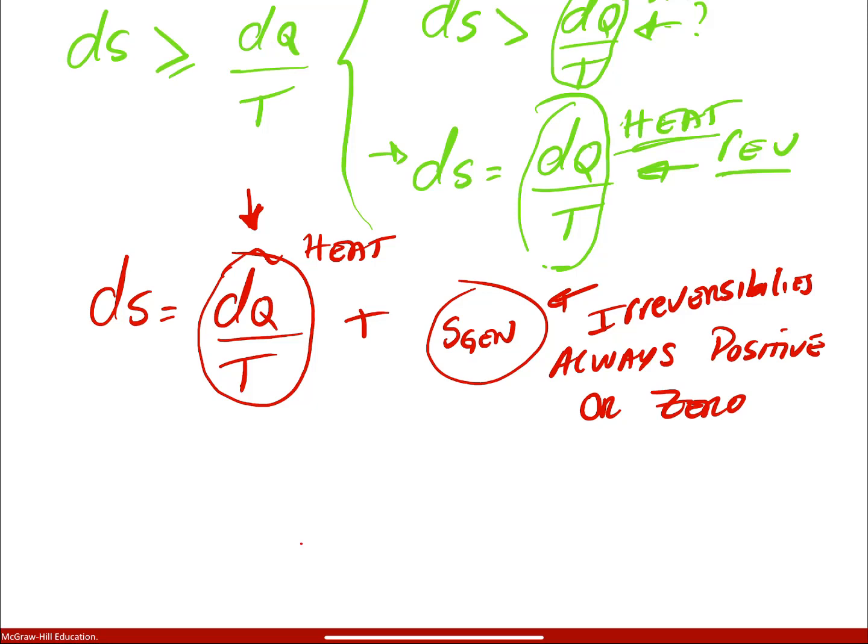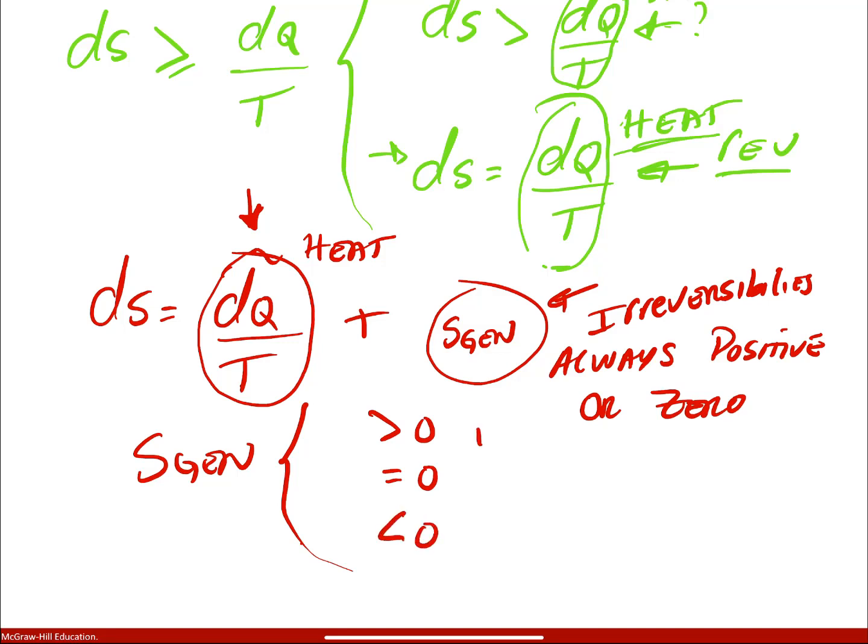The irreversible processes are the real processes that we have in life. So it's either zero or positive. With that, I can conclude that the entropy generated could be more than zero, equal to zero, or less than zero.